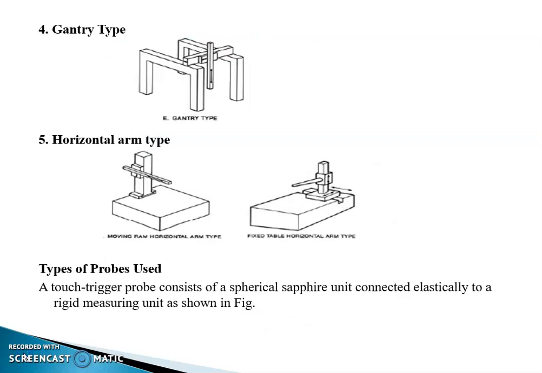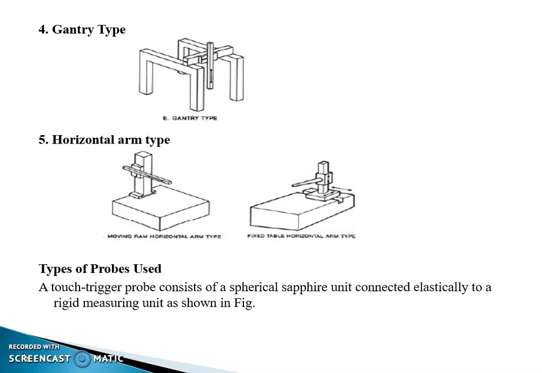And the next is the gantry type. These are large machines for measuring various large parts such as aircraft and automobile bodies. The probe moves vertically along the z-axis while the carriage on which the quill is mounted moves along the y-axis on the cross beam. That is about the gantry type.